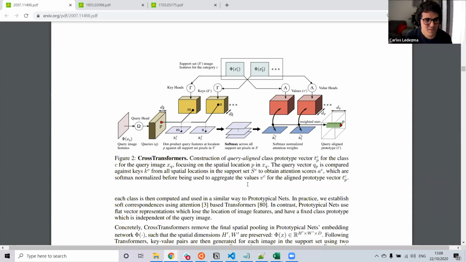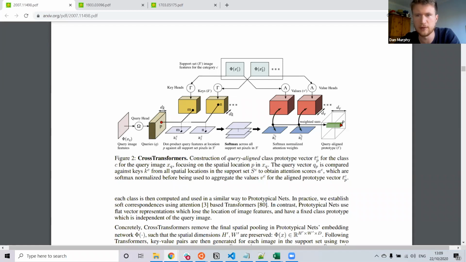Yeah. This looks very resource intensive, by the way. It does. Because as Arvid said, we're making this prototype for class C based on all of the images in the support set for class C, but then we have to do that for all the other classes, right?